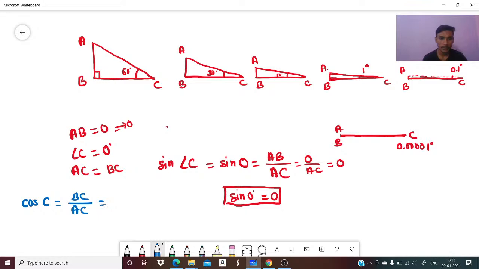But from this equation you know that AC is equal to BC, so in the place of BC I can write AC, so that is AC upon AC. This will get cancelled out and you will be left with 1. Therefore finally, cos of 0 degrees is equal to 1.